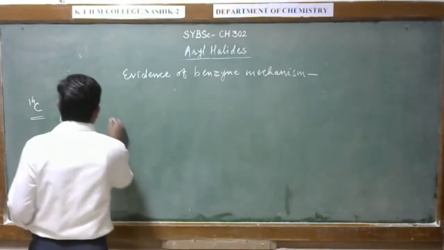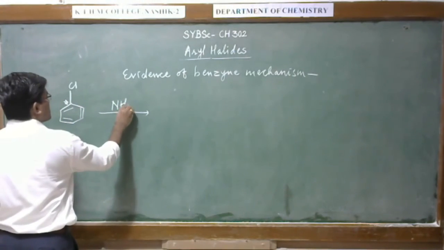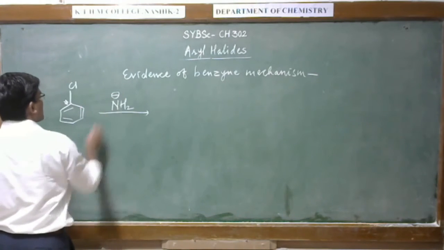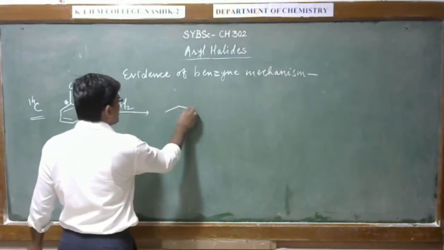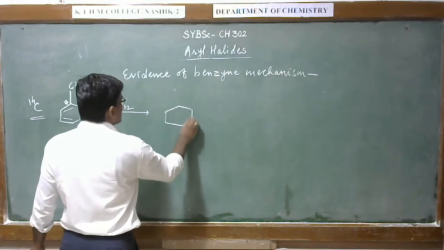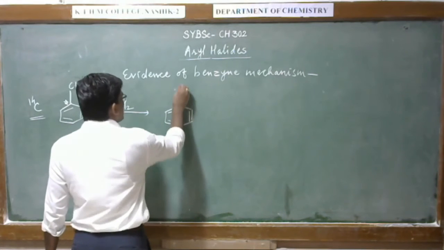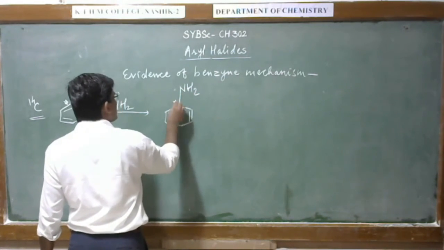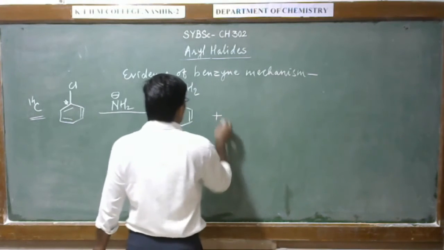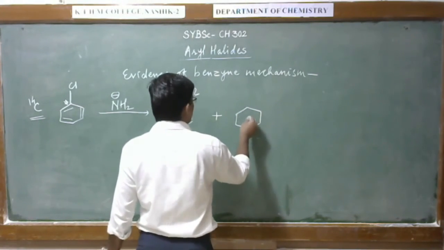When you react it with this amide ion, it will give the corresponding aniline. So two types of product we observed.